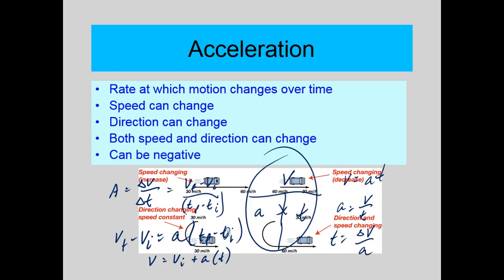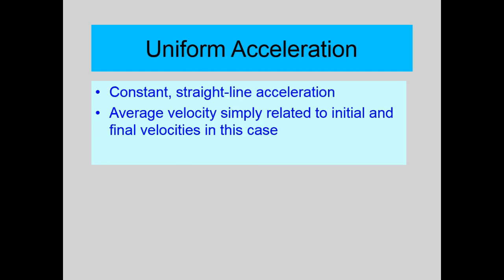Let me see if I can find where they talk about uniform acceleration. Oh yeah, we haven't gotten there yet. I know it's in the book somewhere. I just can't see it now. I was going to tell you what page it is.